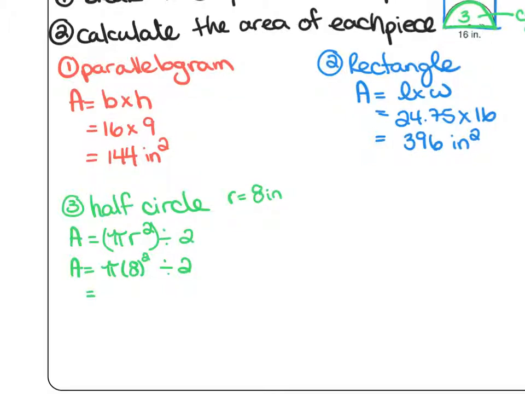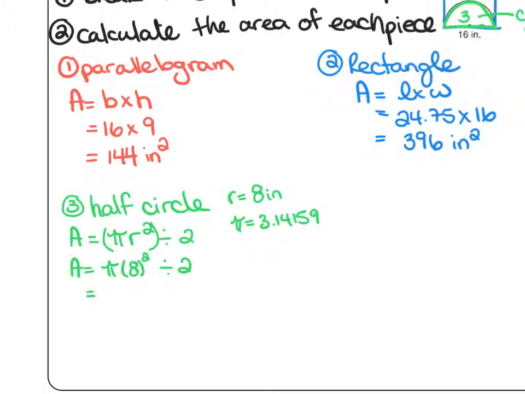Pi, you might have that on your calculator, but I'll put it here as well. Pi is 3.14159.